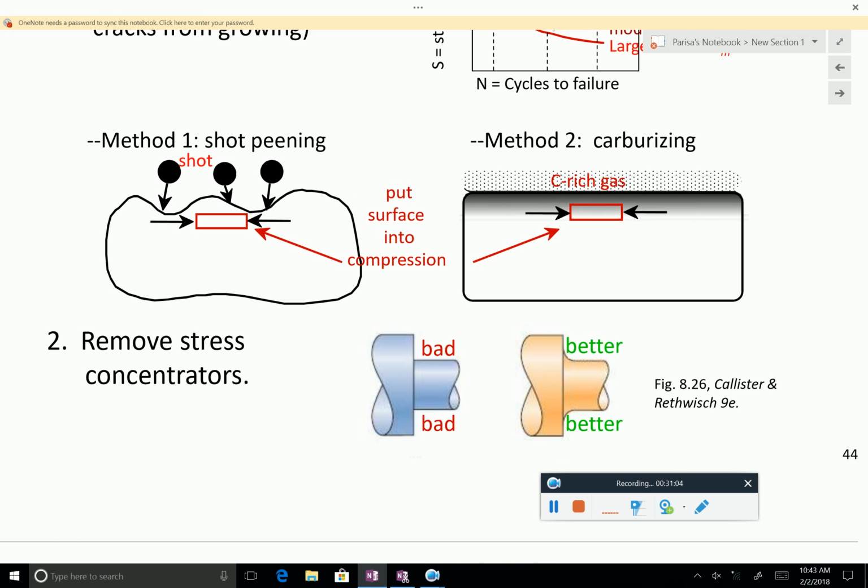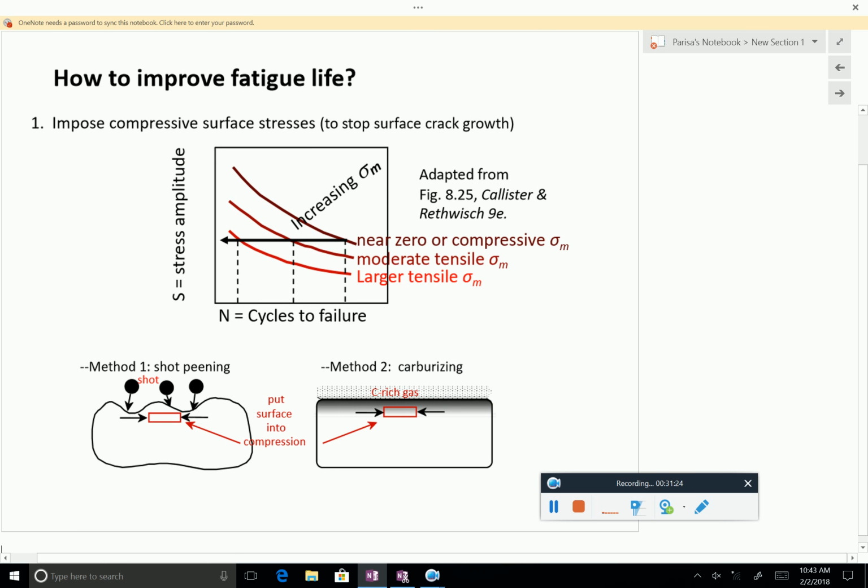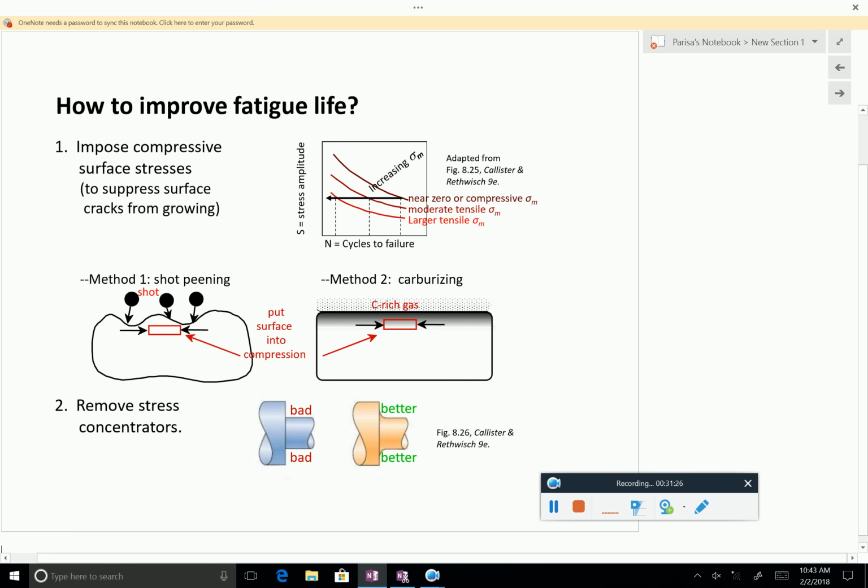And something else that I already told you about is you want to make sure that you don't design anything which looks like that. You don't want anything which is very sharp. You want to have a smooth transition in your design. So these are some of the things we can do to ensure better fatigue life.